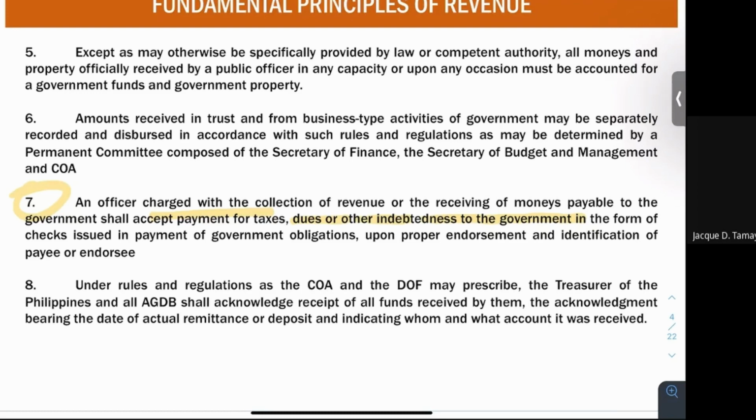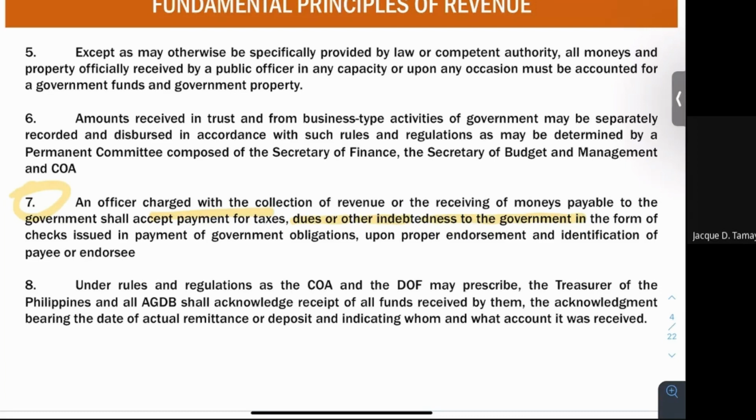However, we can also accept checks. But the question here is, what happens with the check? Should we accept first the check? Okay. You can accept the check upon proper endorsement and identification of payee or the endorsee. So it must be properly endorsed to the government entity. And then after the proper endorsement, that check must be deposited to the National Treasury also through the AGDB.